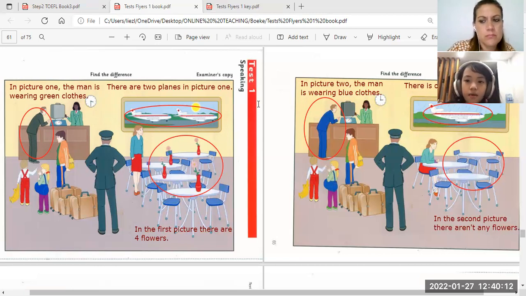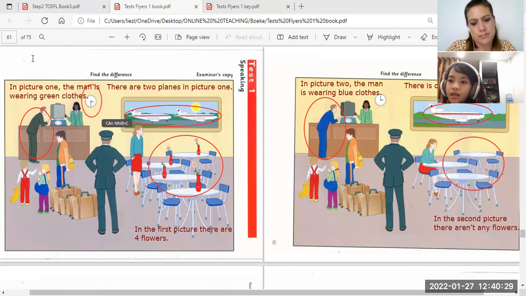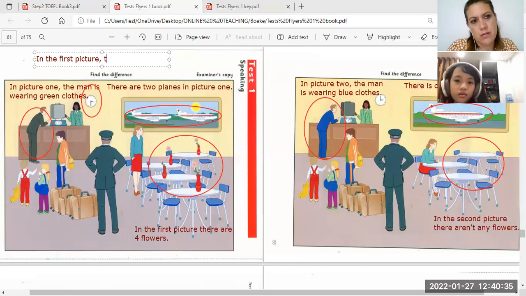In the first picture, the clock is 3:30 minutes. But in picture 2, the clock is 3 hours.